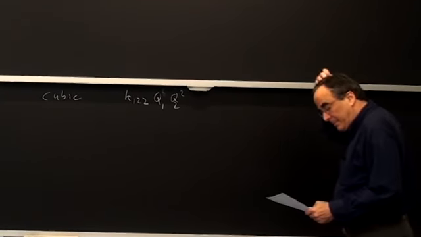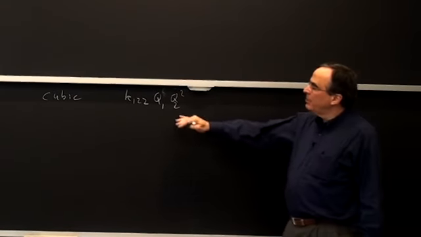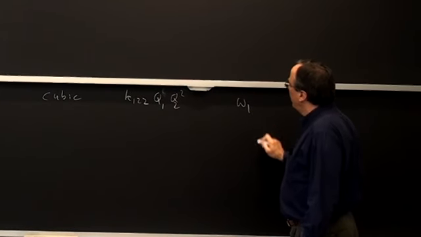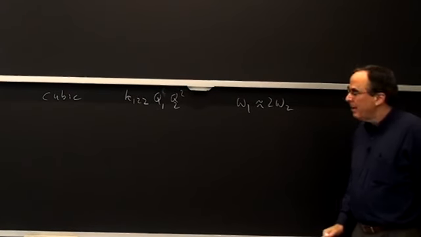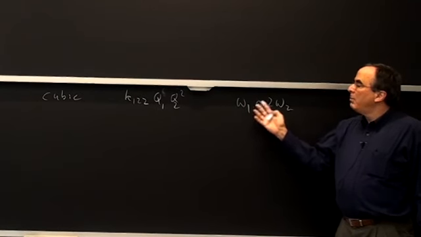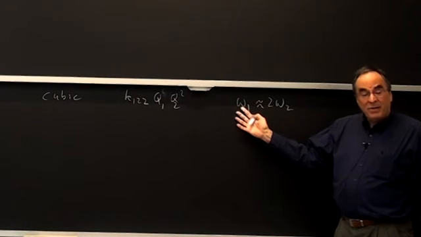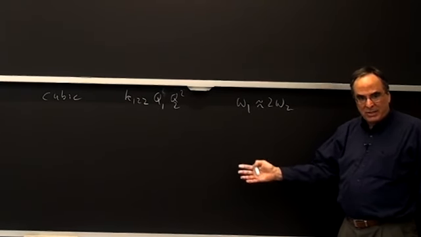And they also are a class of term which you often encounter when omega 1 is approximately equal to 2 omega 2. And this is the case for bend-stretch interactions. It doesn't have to be that way, but bends are always lower frequency than stretches.